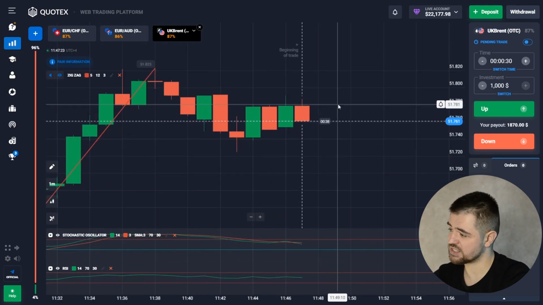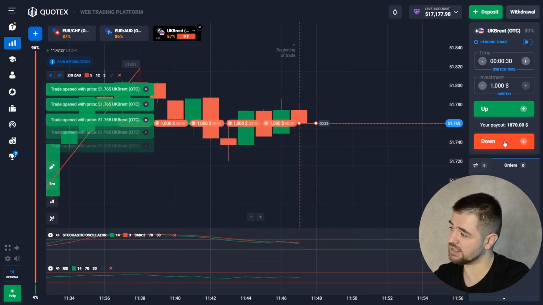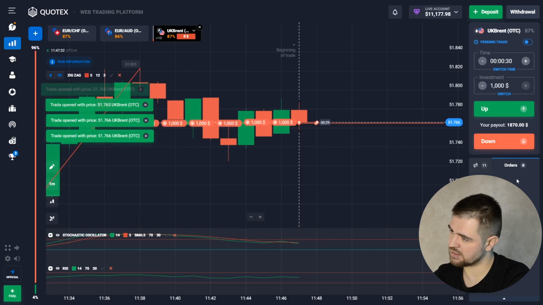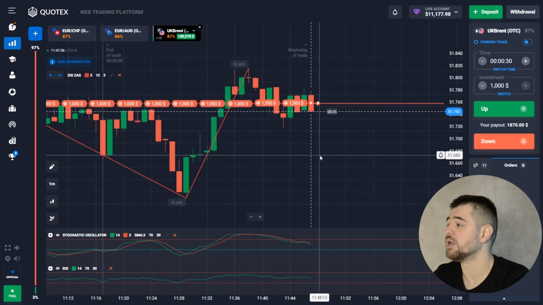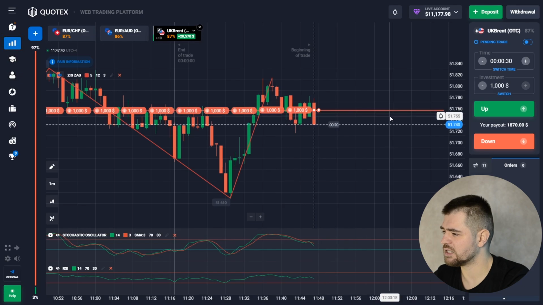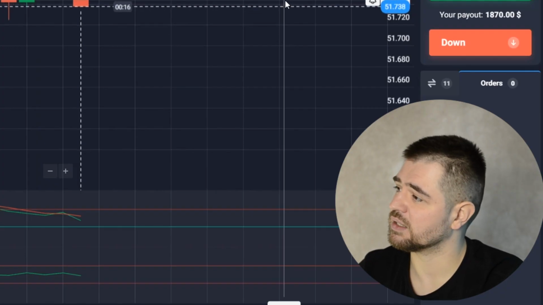The stochastic oscillator also showing that the price is gonna... Okay, I'm gonna go in and enter with the stochastic, because the stochastic oscillator is usually showing some nice, gives nice results, and this is 11,000 here. So let's see if we can recuperate.